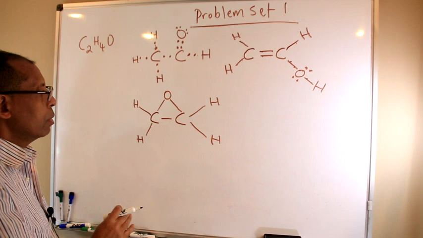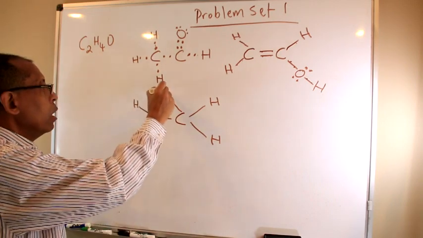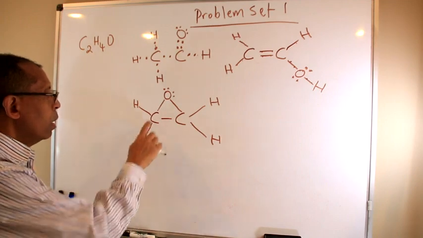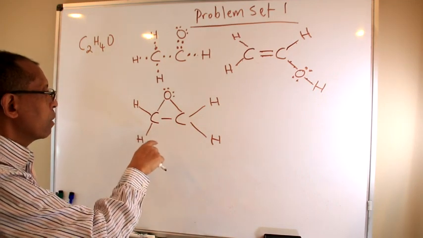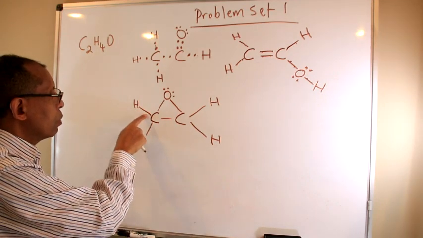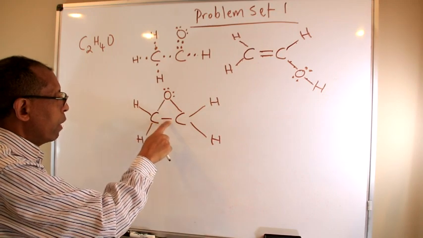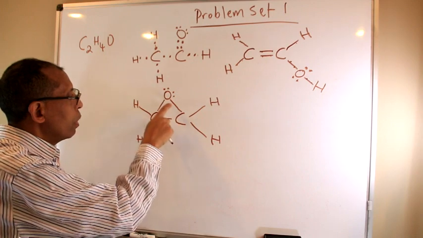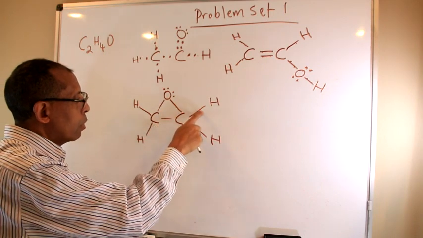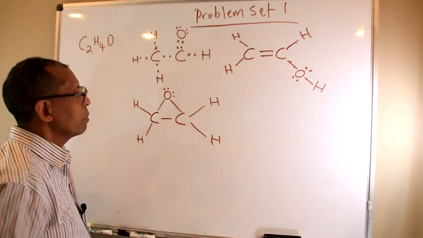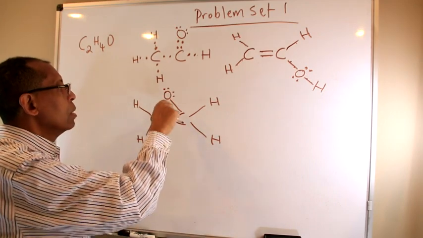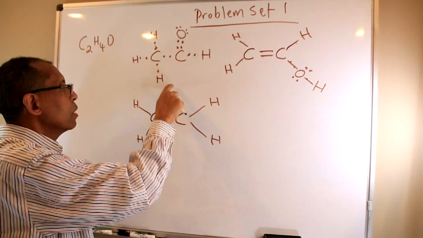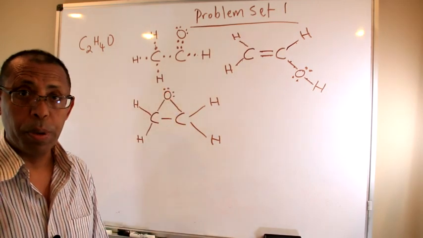So this compound, if you just try to see if octet rule is satisfied, all of them are octet satisfied. If you see 1, 2, 3, 4, 5, 6, 7, 8 for this carbon. For this carbon, you have 1, 2, 3, 4, 5, 6, 7, 8. How about oxygen? You have 1, 2, 3, 4, 5, 6, 7, 8, including the lone pairs.